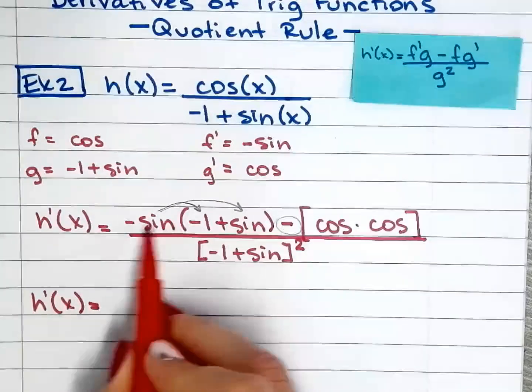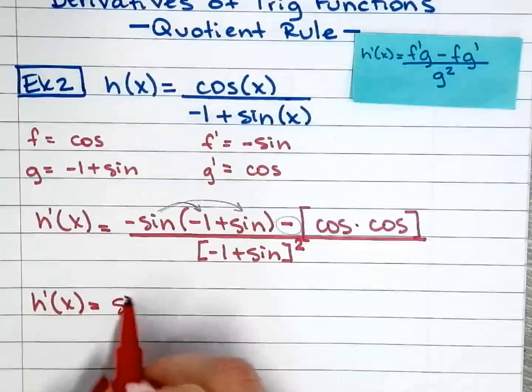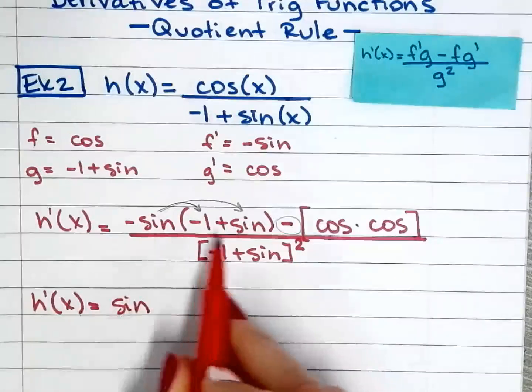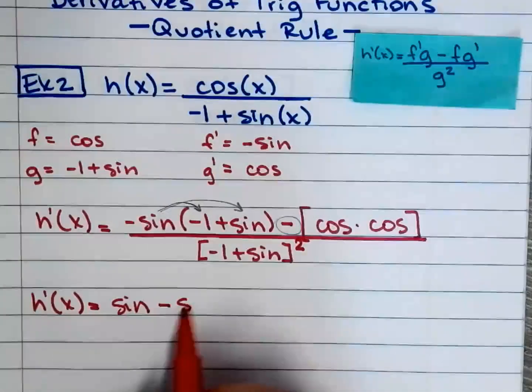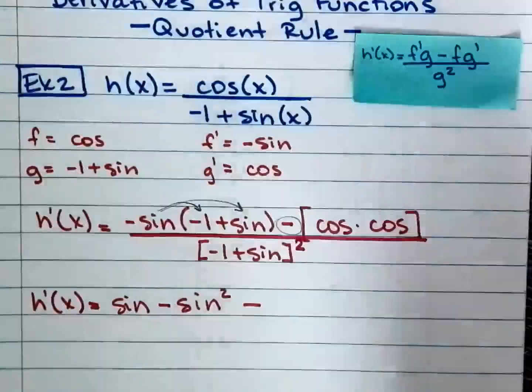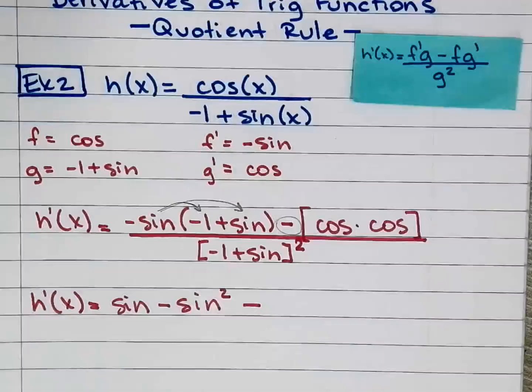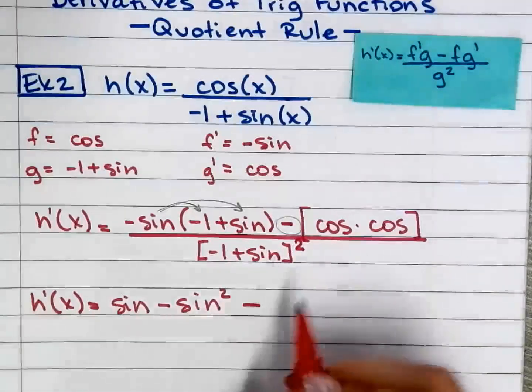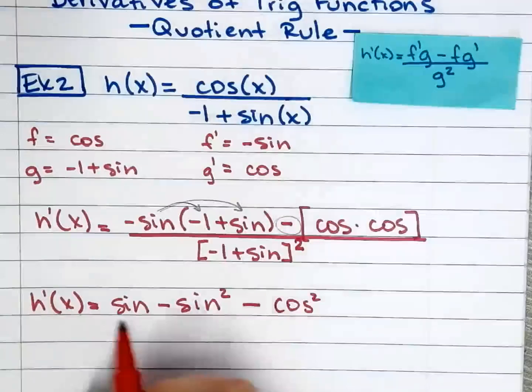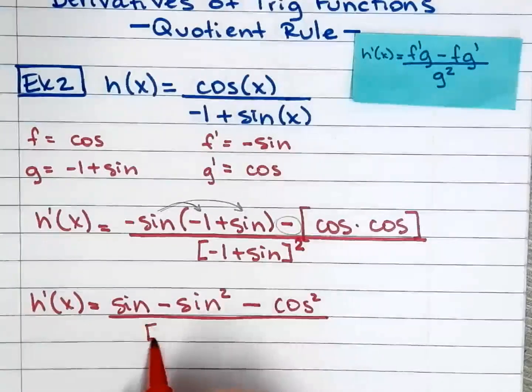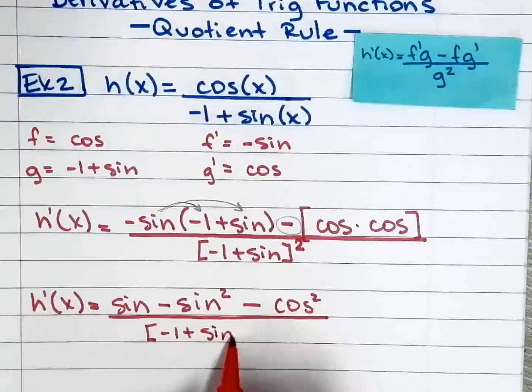Okay, distribute. We will distribute this negative sign right there, and we will also deal with that negative. So negative sine times -1 is positive sine. Negative sine times positive sine is negative sine squared. Minus cosine times cosine, I have cosine squared over -1 plus sine squared.